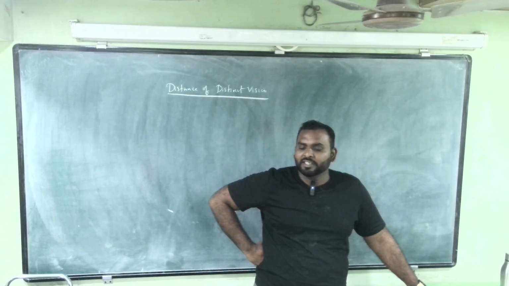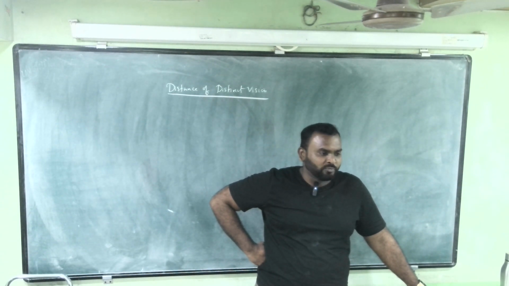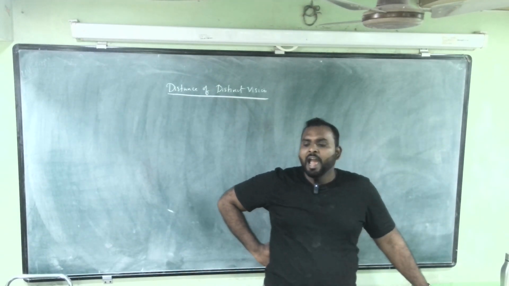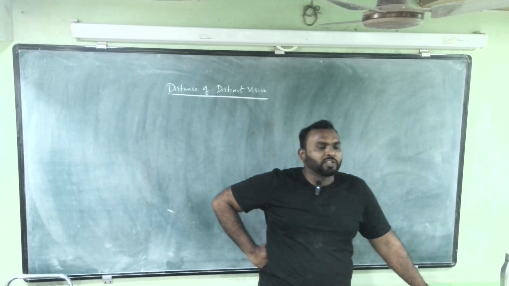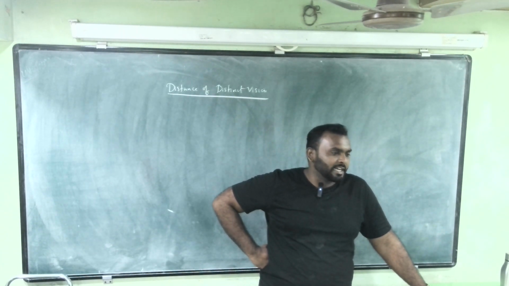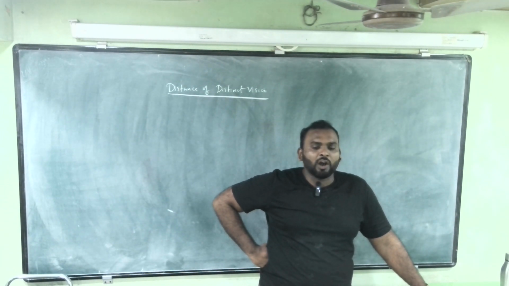Tell me, what is distance of distinct vision? The minimum distance of an object from a normal human eye at which the object can be seen clearly and distinctly without any stress on the eye is called what?